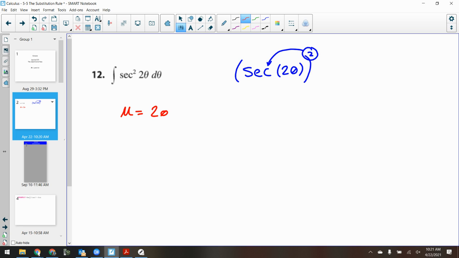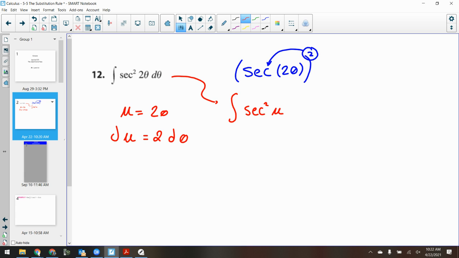That means du is 2 d theta. And be careful here, I don't see the 2 anymore. The 2 is gone from my original, because what's going to happen here is I'm going to take the original as the integral of secant squared of u, and I've got to put a du in there.